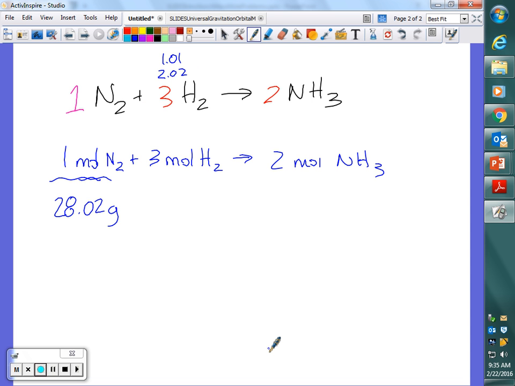But, does that make sense, Gustin? Okay? But, how many molecules of hydrogen do we need here? 3. So, 3 moles of hydrogen would weigh this much.